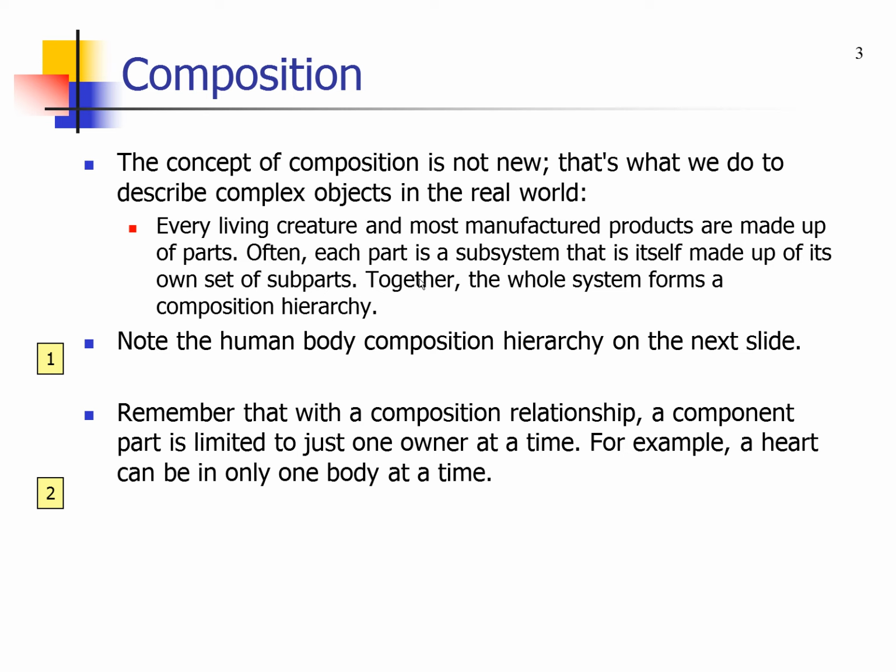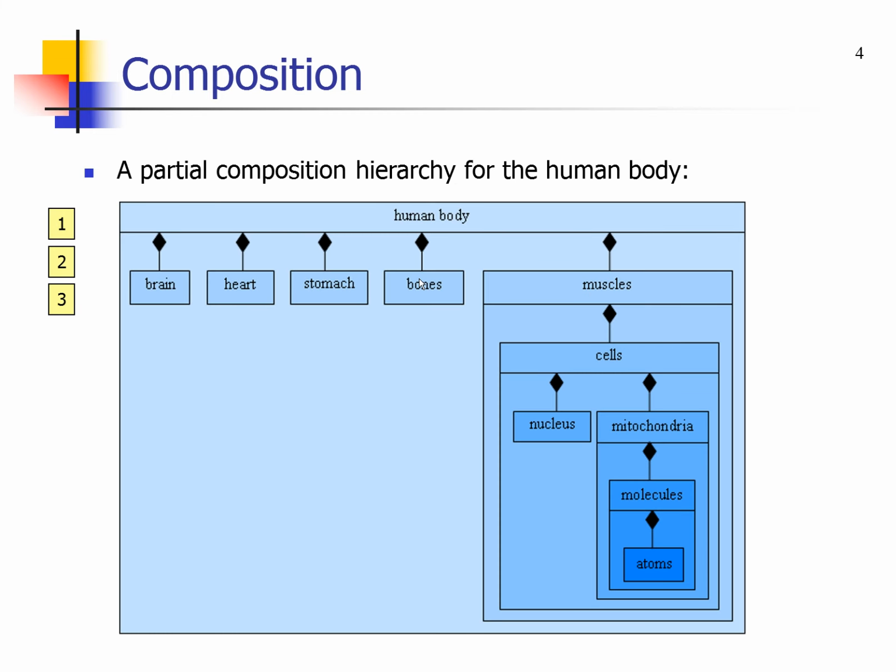Let's go back for a second. So, we saw the hierarchy. It says, with a composition relationship, a component part is limited to just one owner at a time. So if we go back over here, you'll see we have a heart and a brain. Actually, let's go with the heart. Right now, my heart is inside of my body, so I am the owner of my heart.